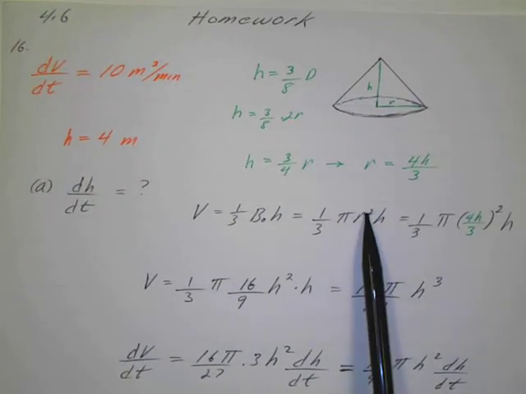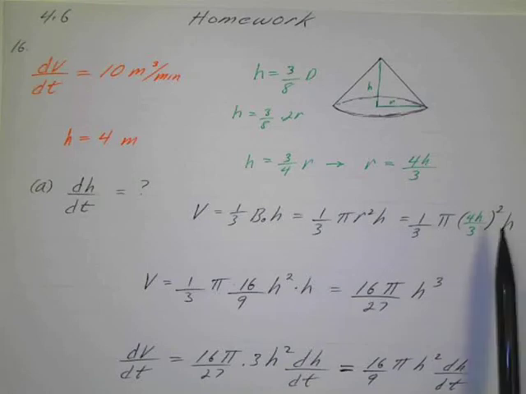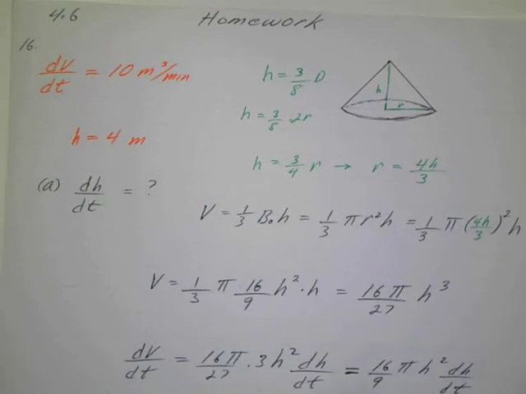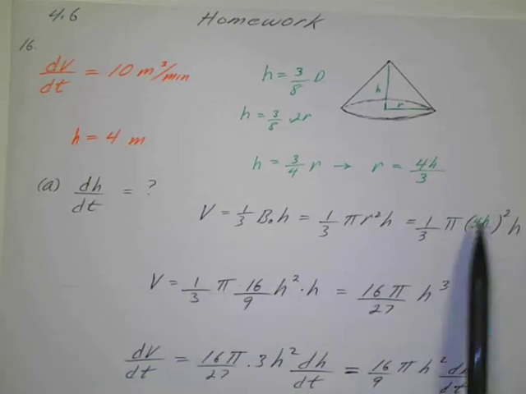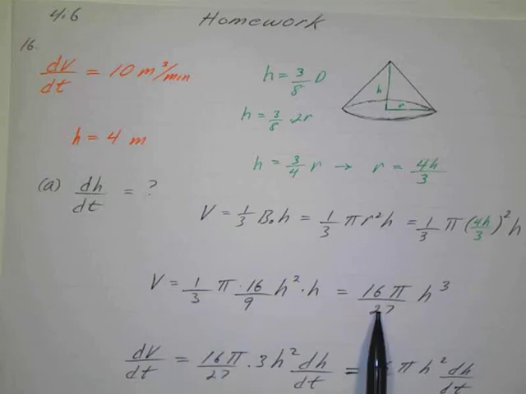because we're going to try to find dh/dt first. So instead of writing r squared, I write 4/3 h squared. Then it's just some arithmetic to simplify this. So I've got 1/3 pi, and that's going to be 16 over 9 h squared times h, which is 16 over 3 times 9, 27, h to the third.